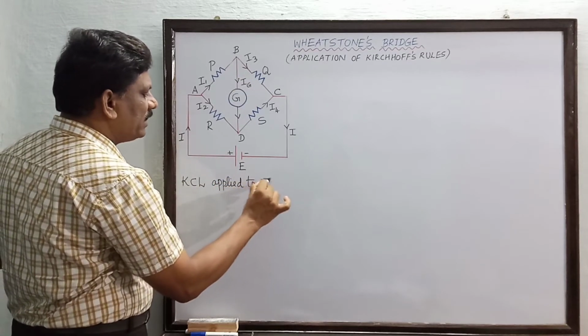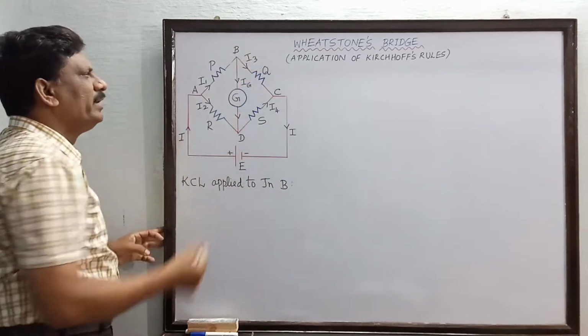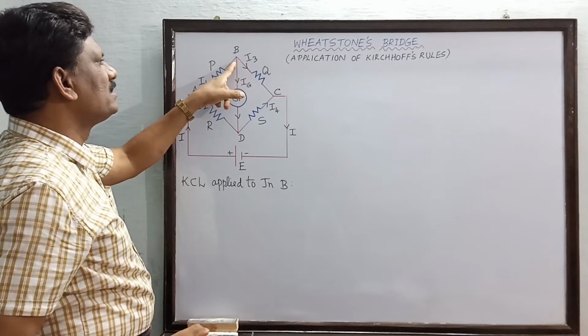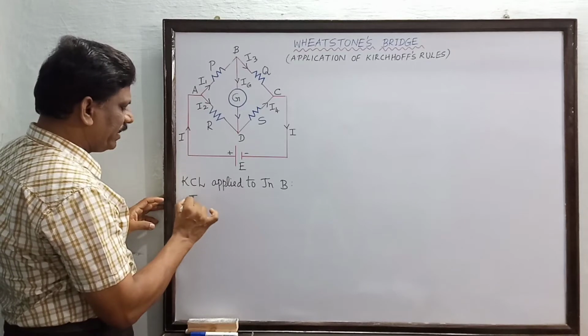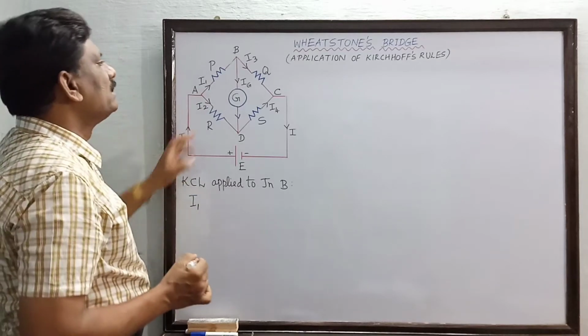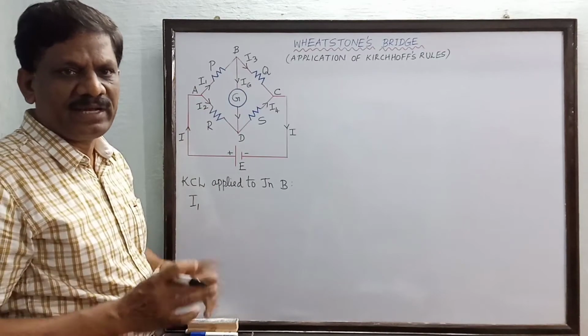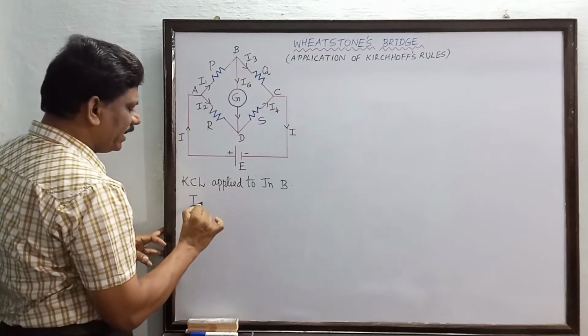At the junction B, the current I1 is flowing towards the junction, so it is positive. I will write I1 as positive. Then the currents I3 and Ig both are leaving the junction B. They are going away from the junction B. Therefore I3 and Ig are negative.